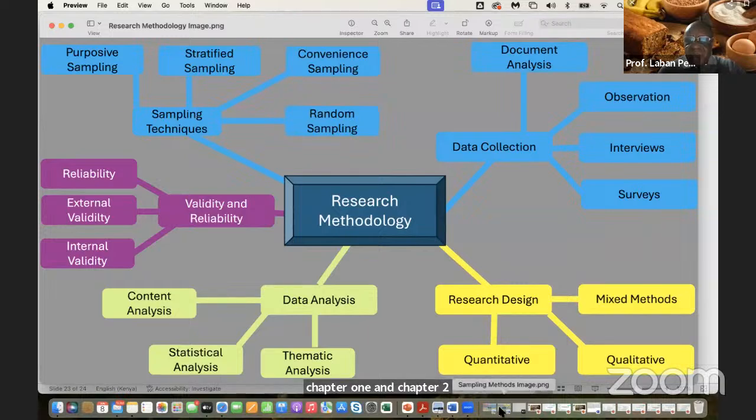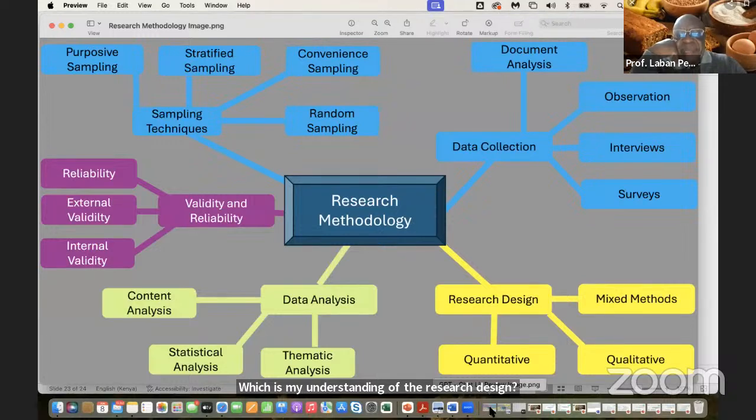So what I was saying is this: when you are doing research, can you please carry a mind map and ask yourself, what is my understanding of the research design? Which one am I going with?